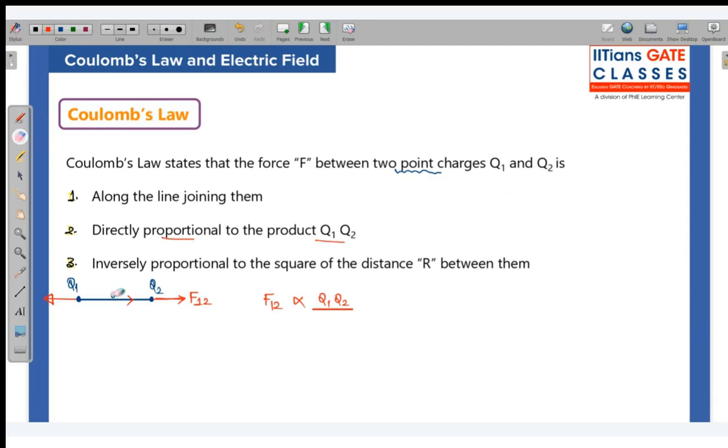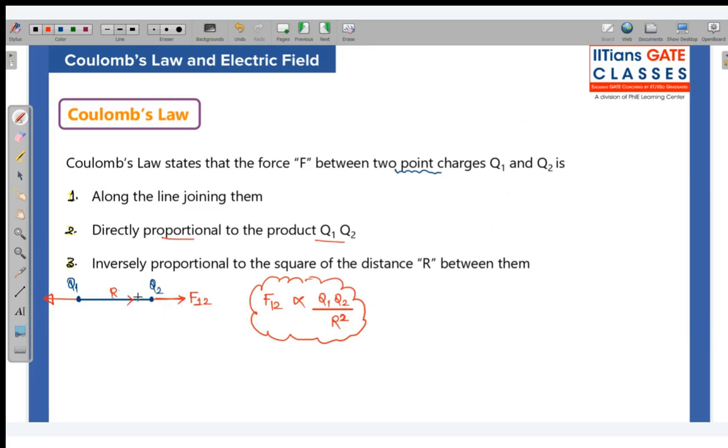So in the diagram also I will mention capital R. So this is R square. This is the magnitude that we write in this way. The force is directly proportional to the product of charge and inversely proportional to the square of distance. This is the very first topic of your electrostatics.